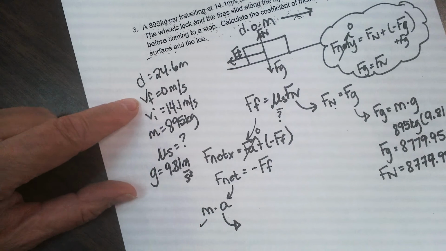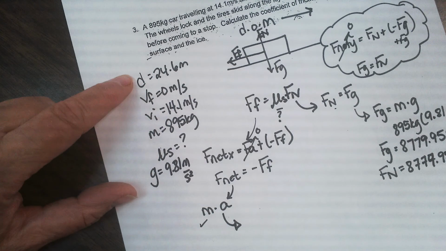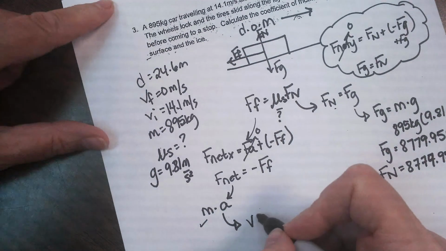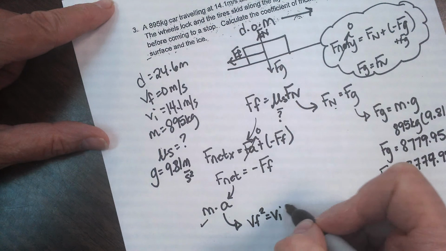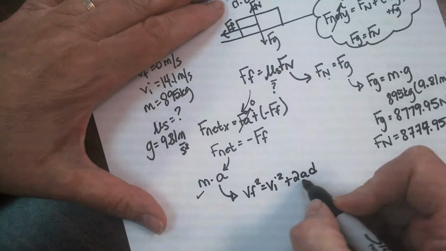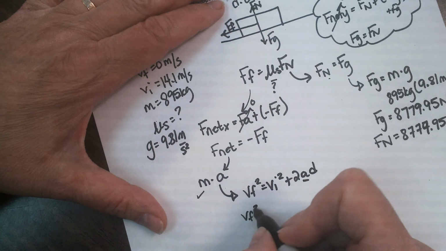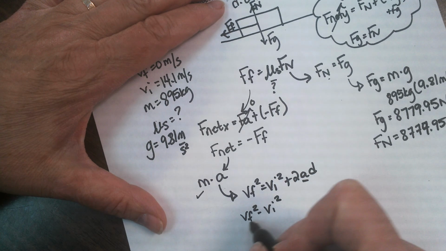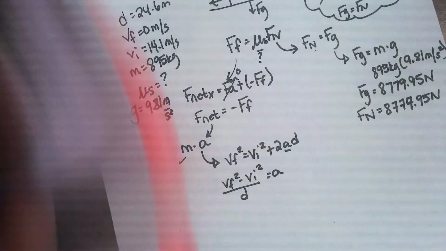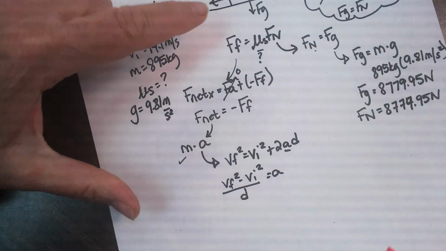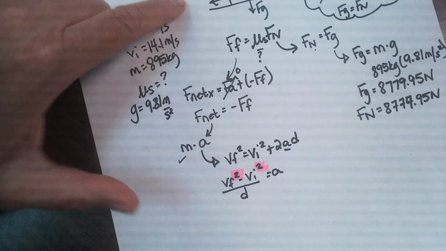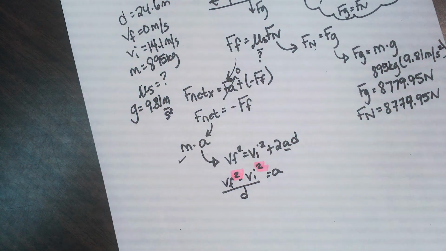Well, I have VF, I have VI, and I have D. So that formula must be, and we're looking for A. So VF squared minus VI squared over 2D is equal to A. And all of you that have done these practice questions, do not forget to square your values.